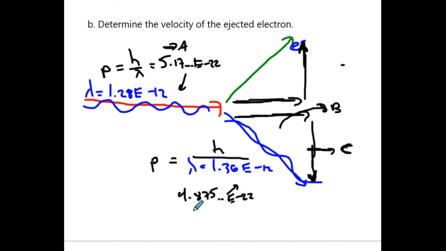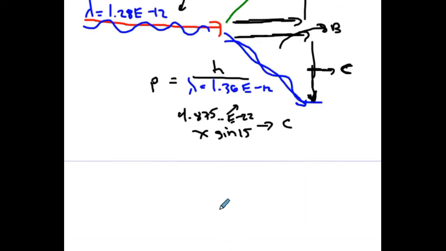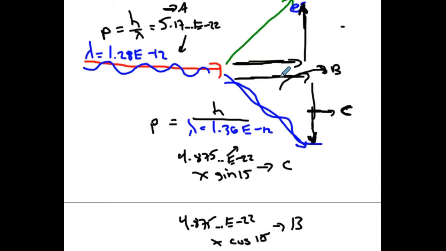But you're going to need to times that by sine of 15 degrees in order to get letter C. And you're going to have to times 4.875 times 10 to the minus 22 by cosine of 15 degrees to get letter B. Right? Because B is going to be your adjacent, C is going to be your opposite. And don't forget that angle in there was 15 degrees.